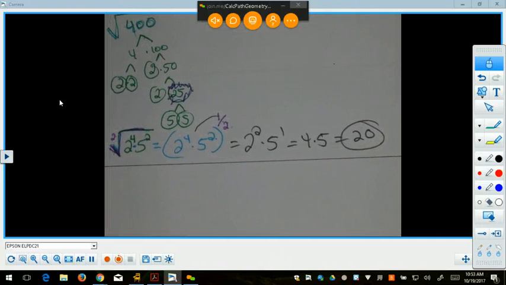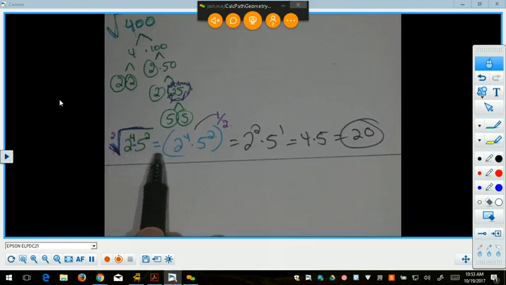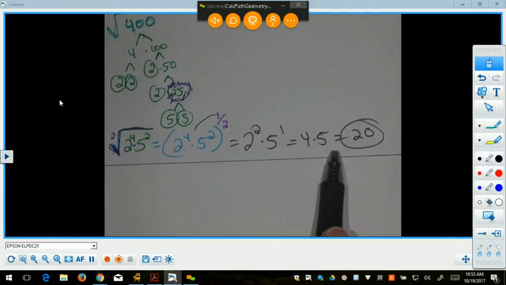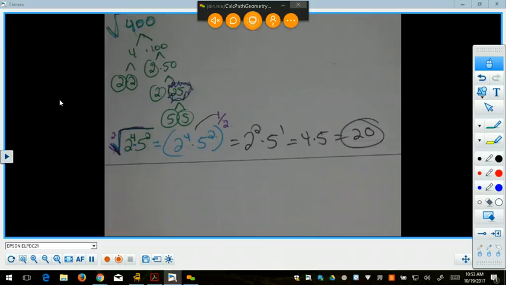Now there's another way, a more efficient way to do this, but this technique right here works really, really well when we have variables. And it works really, really well when we have cubed roots and fifth roots. So I'm going to do one that's a cubed root in just a second. I don't want to do the number that big, yikes.